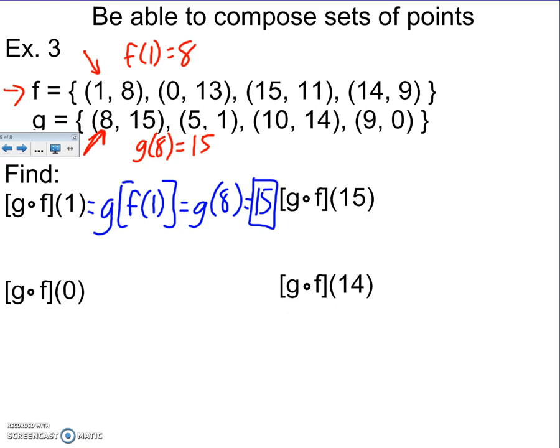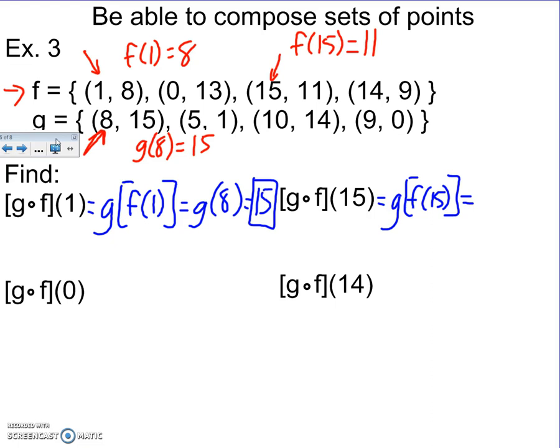All right, I'm going to try the second one. It says find g of f of 15. So let's see, we're going to find f of 15. Go to equation f, the top one, 15 is right there. So that means f of 15 gives us the output of 11.